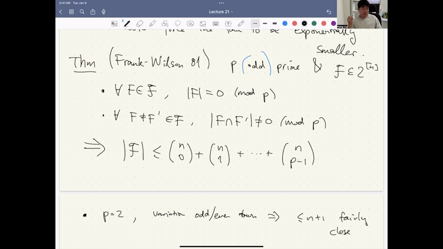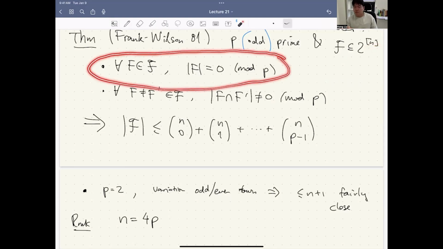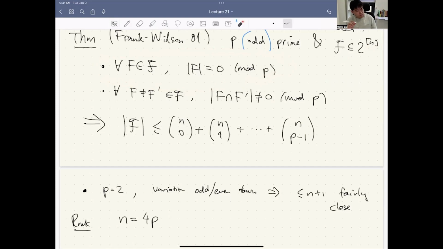An interesting case is, let's consider n equal to 4p, let's say. I take p to be a quarter of n, the ground set size. Now I have some collection of sets where I require its size to be divisible by p. That's not so hard. I just take the middle layer.